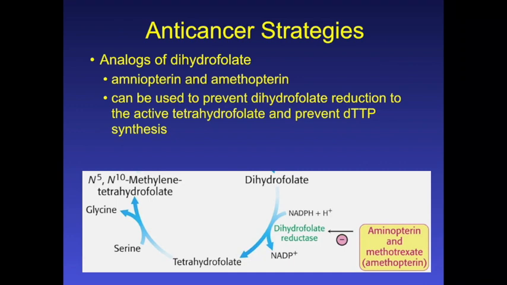Additionally, this dihydrofolate not only donated a carbon, it also donated a hydride, so I have to reduce it. Give that hydride back. This enzyme, dihydrofolate reductase, well, when I give fluorouracil, we also give these drugs. Why? These drugs will bind into the active site of this enzyme and stop that enzyme from regenerating.